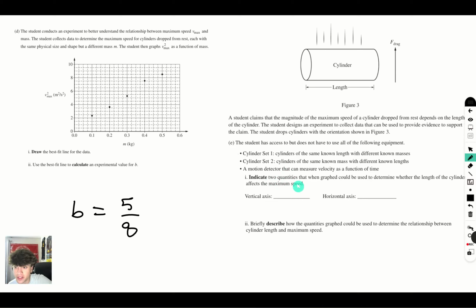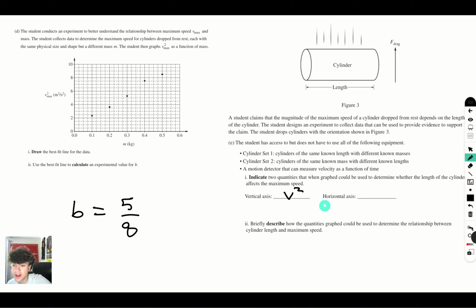Alright, and it's asking us to indicate the two quantities that, when graphed, one graph could determine whether the length of the cylinder affects its maximum speed. So we're going to have our maximum speed on the vertical axis because that is the dependent variable. That is a variable that we're tracking that changes dependent on what we are changing. And since we have a v squared in our equation, instead of just regular v, we're going to put v squared here just to keep it simpler.